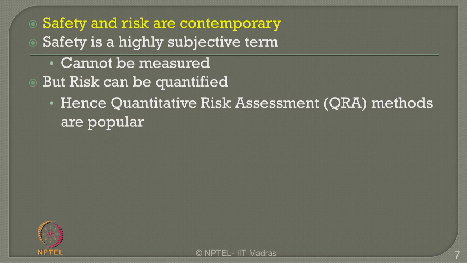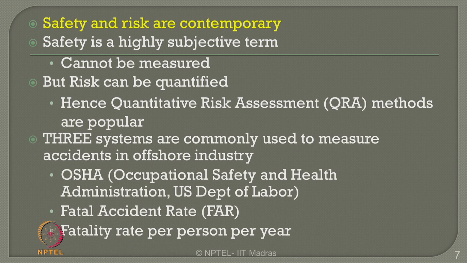Hence, quantitative risk assessment methods, which we abbreviatedly call QRA, were very popular in HSE management. We have also seen that there are three systems which are commonly used to measure accidents in the offshore industry.